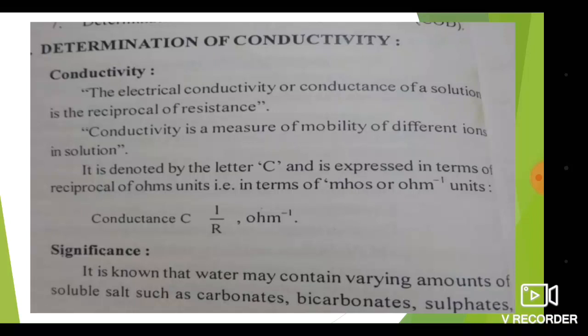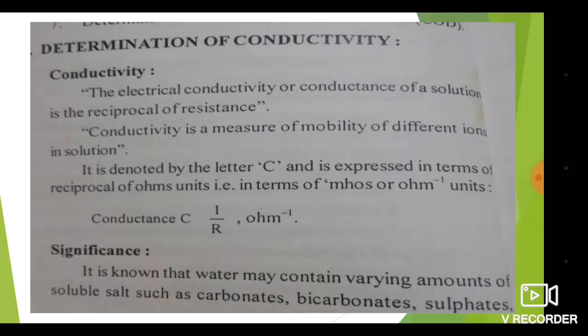How does the conductivity of water change when the water gets polluted? The conductivity of water is measured by different methods. First, the electrical conductivity or conductance of a solution is the reciprocal of resistance. According to Ohm's law, conductance C is inversely proportional to resistance.